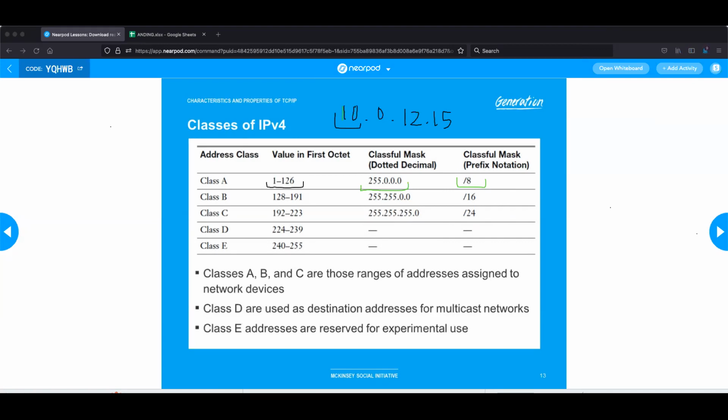Checks to see if the NIC is working, right? The physical network card in your computer is making sure that that works. This is the software version to do that. I can send a ping to my loopback address, and then it will send me back a report saying, yes, it's working. We sent 4 packets, we received 4 packets, we're good to go. So they blocked aside that chunk of IP addresses specifically for what is called the loopback address. So that is why class A only goes up to 126.